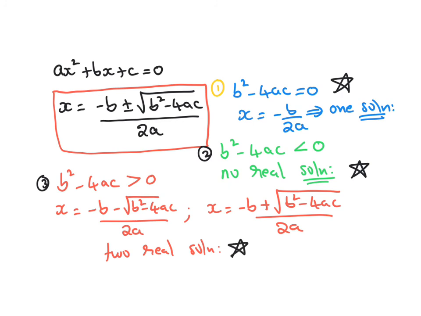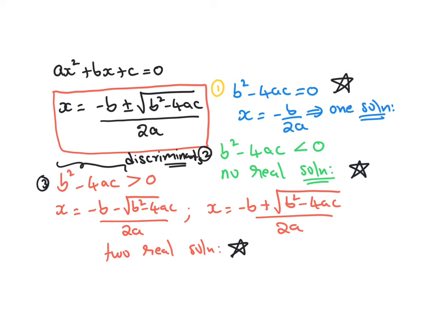So b squared minus 4ac determines how many solutions this quadratic equation has, and it is called the discriminant. It is called the discriminant because it discriminates the number of solutions and the type of solutions the equation has.